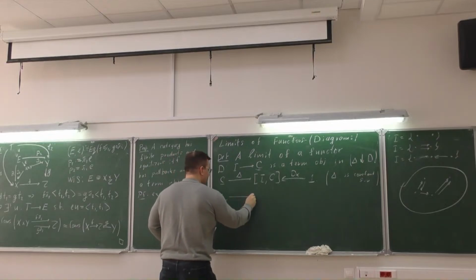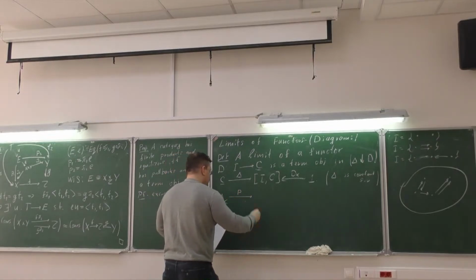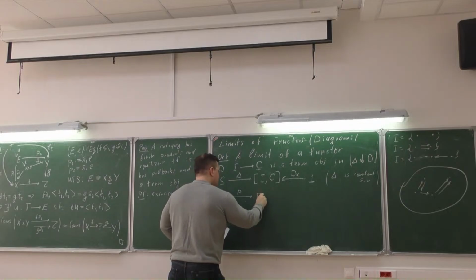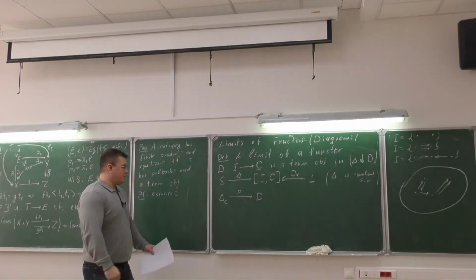So from the constant functor we have a map, a natural transformation if you say so, from P to the given functor D, which is supposed to represent a diagram.